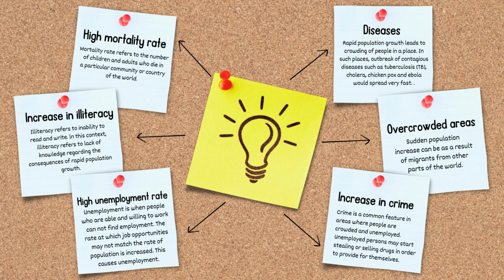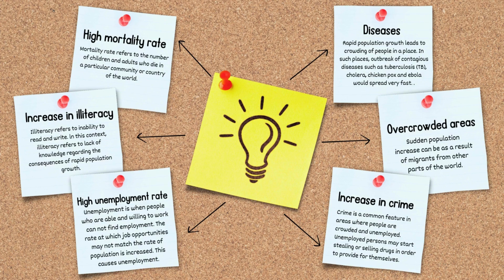The other effect is increase in illiteracy. We know that illiteracy refers to the inability to read and write, and in this context, it refers to lack of knowledge regarding the consequences of rapid population growth. The other effect is high unemployment rate.